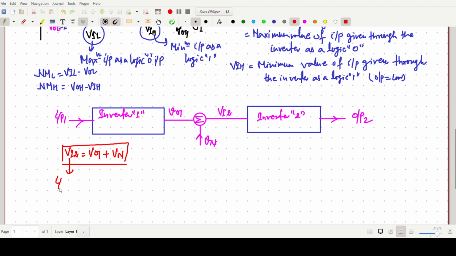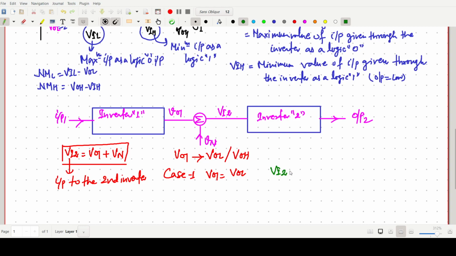Now the output value VO1 will be either VOL or VOH. Consider case 1, when VO1 is VOL. Then Vi2 will be VOL plus Vn.